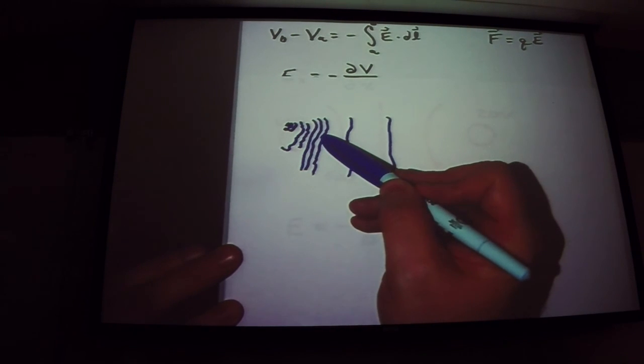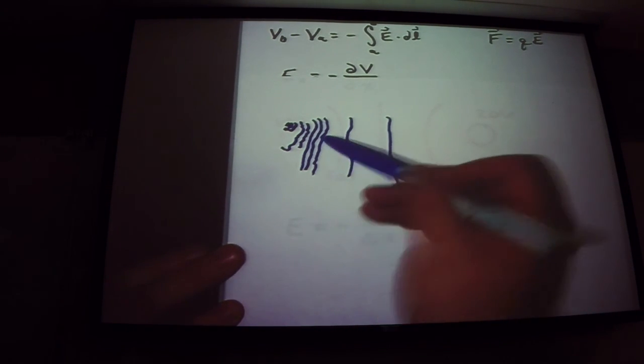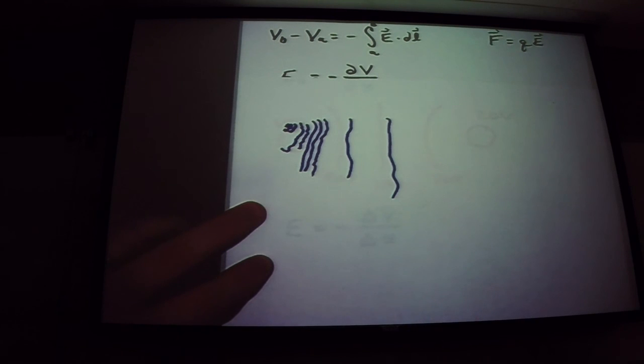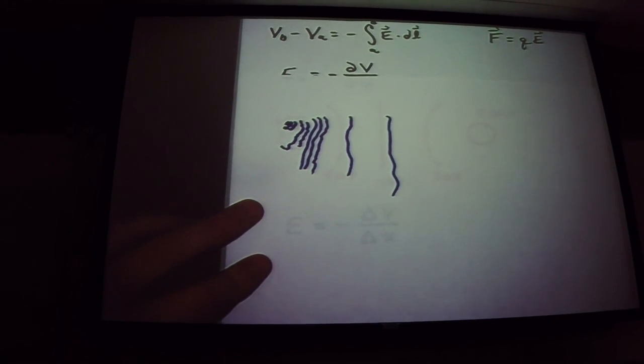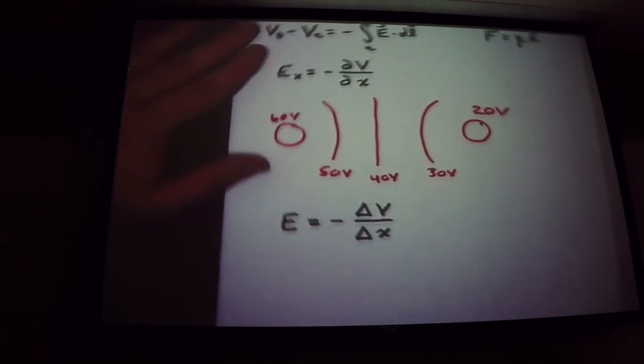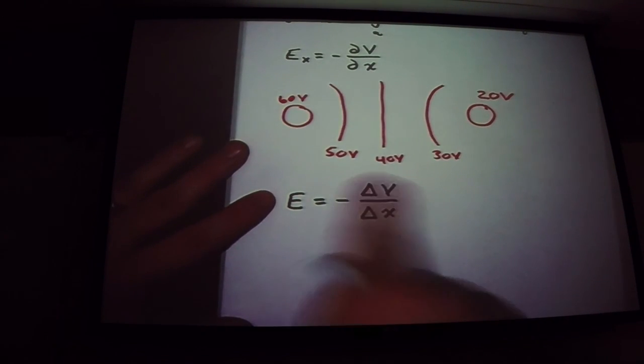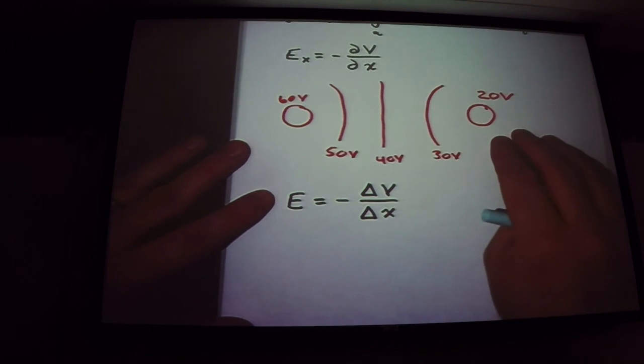Steep. It's steeper, so that's greater flow. So you can think of the electric field as being the steepness when you're looking at equal potential.